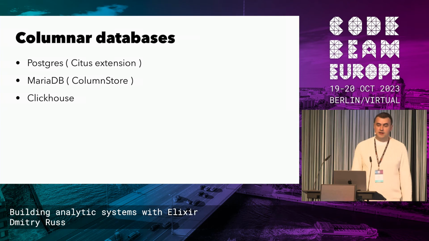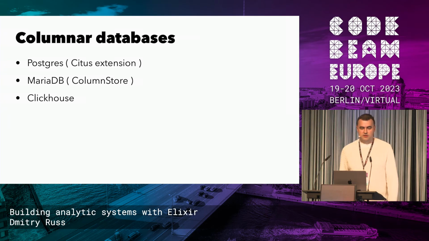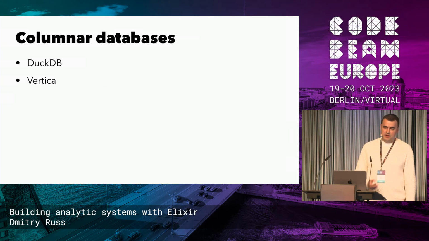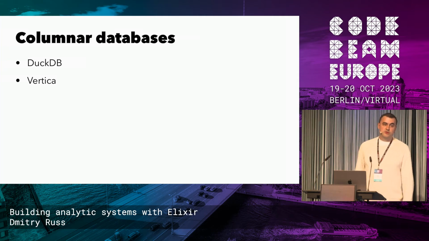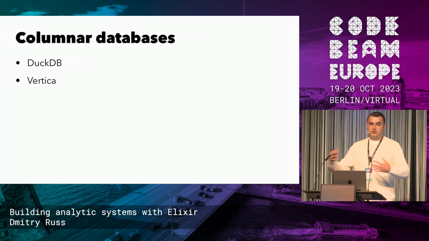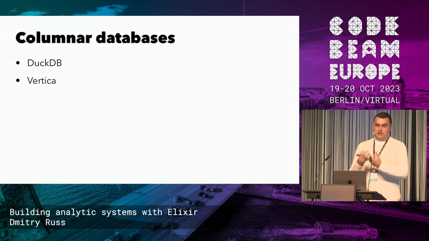ClickHouse is one of the good open source databases, but there are others, for example DuckDB, which is built to be an embedded database. That means you do not have a server, and your data are co-located in the same application.